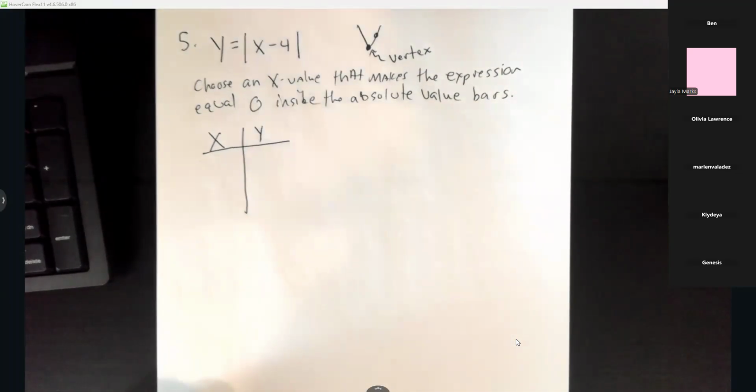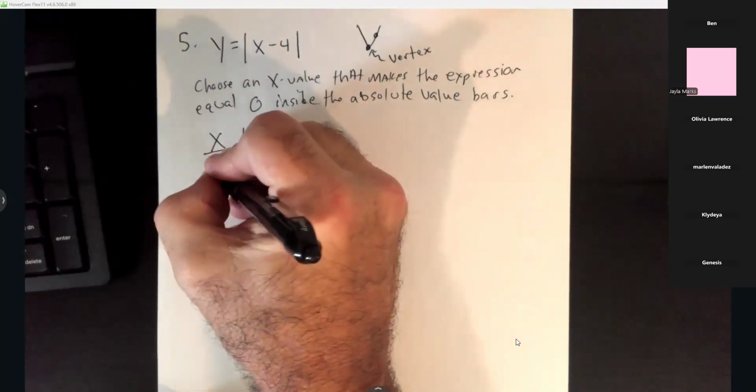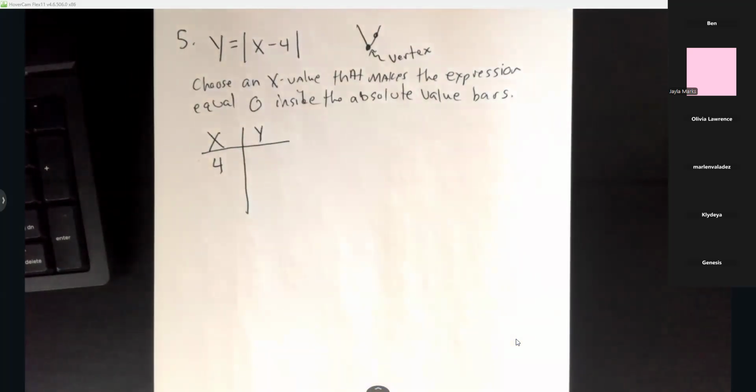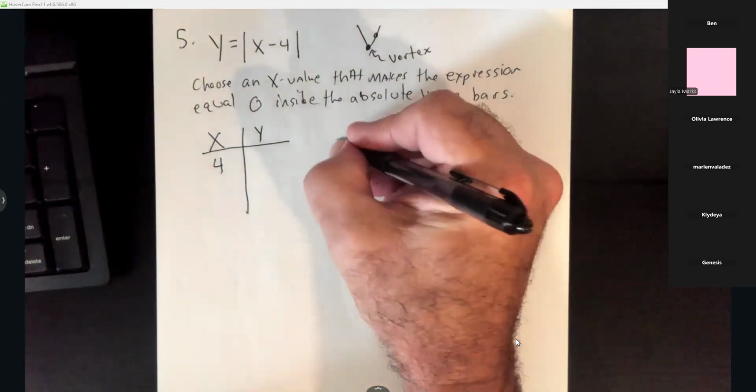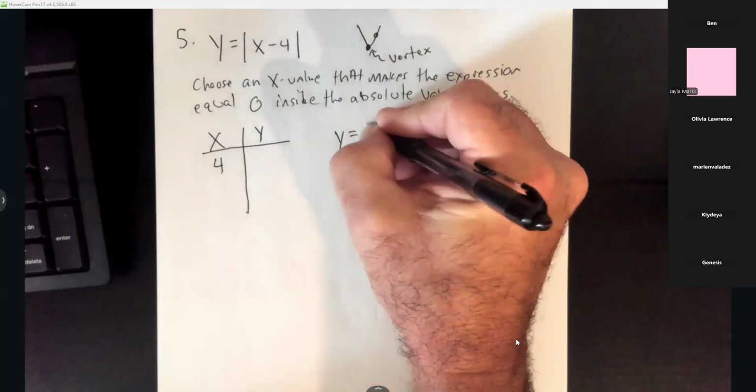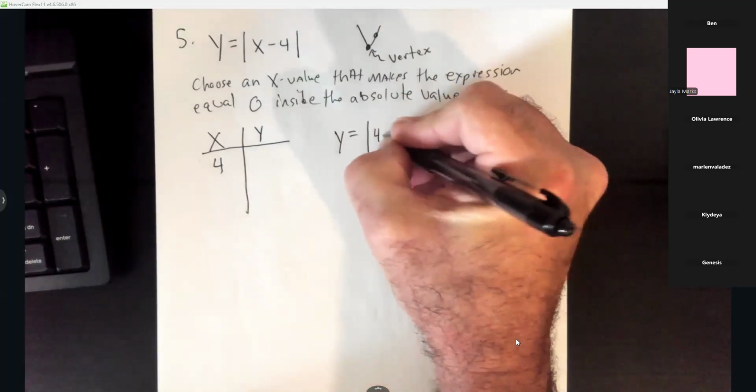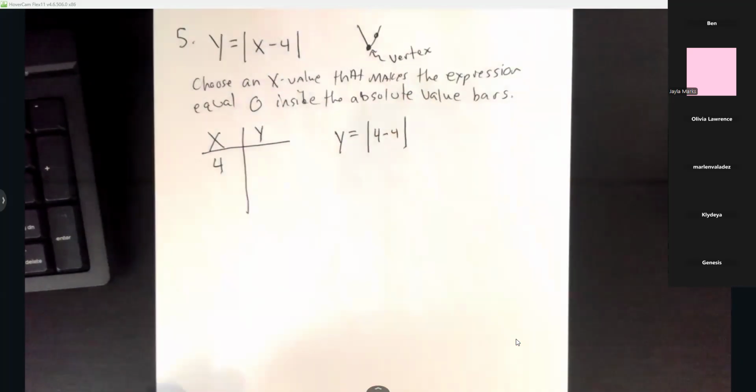So what number could you subtract 4 from and make that equal 0? All right, good job. That is definitely a 4. So watch this. That's going to give me y equals absolute value of 4 minus 4.